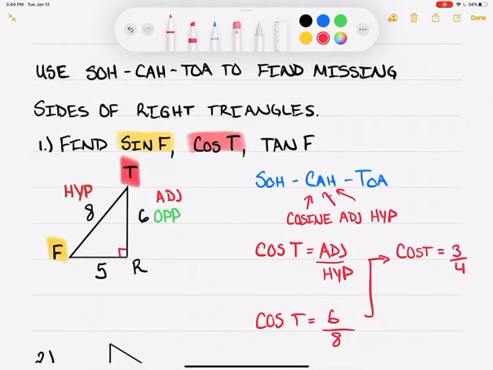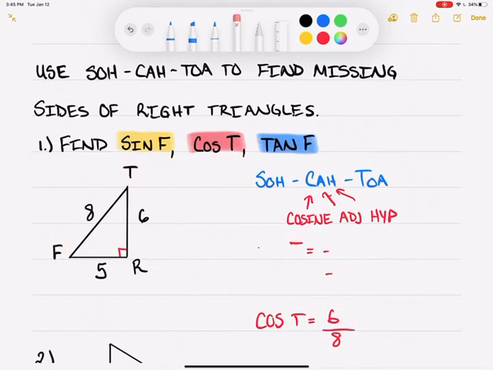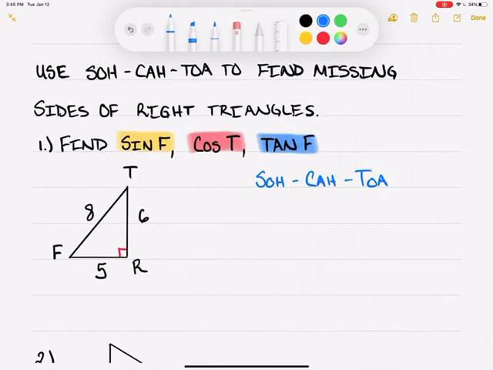The last one we're going to look at is the tangent of angle F. Tangent starts with the letter T. The letter T tells me that I have to use TOA. Tangent uses the opposite leg and the adjacent.